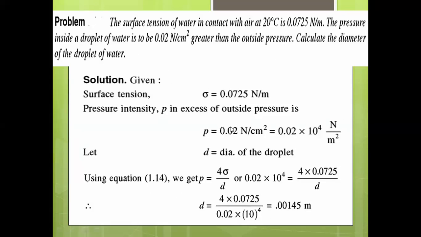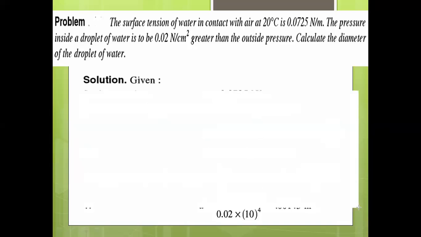That means pressure inside the liquid droplet P is equal to 0.02 Newton per centimeter square. Calculate the diameter of the liquid droplet of water. I will hide this part.